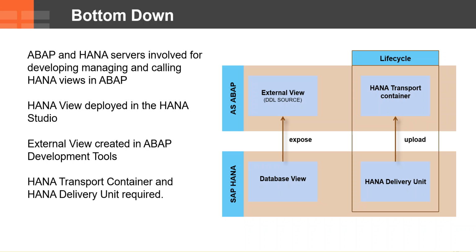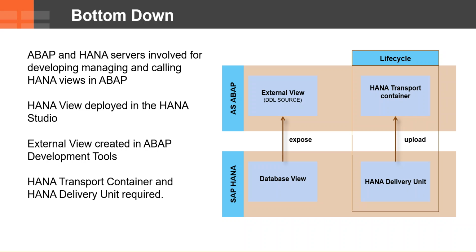When you assign your package to the delivery unit, the delivery unit is used as a transport container for moving from one system to another. I already showed you in introduction to HANA Studio how to create a delivery unit, how to assign a package to it, and transport from one system to another system.